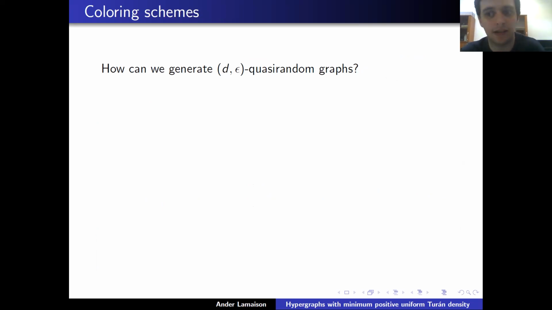So how do we generate them? Maybe just from looking at the word quasi-random, the first thing that comes to mind is, let's take G(n,p). Well, yes, if you do that, with high probability whatever you generate will be quasi-random, if the density is positive. But the problem is that with high probability you will also contain arbitrarily large cliques.